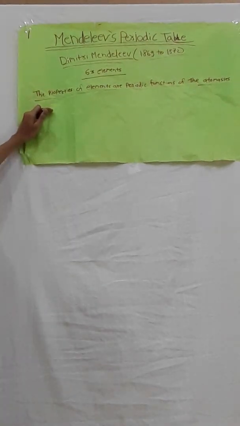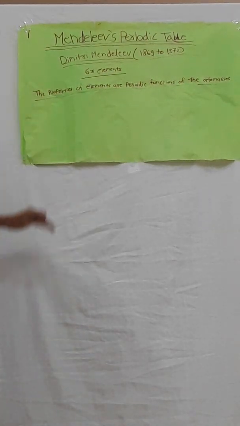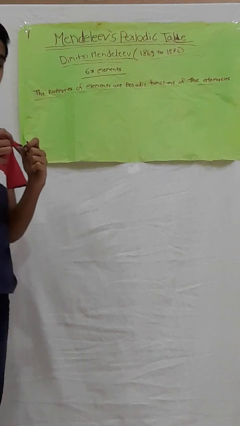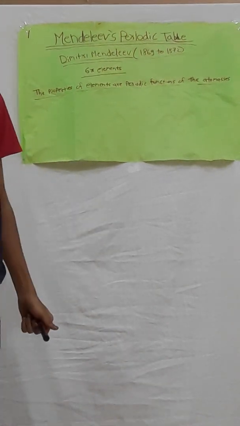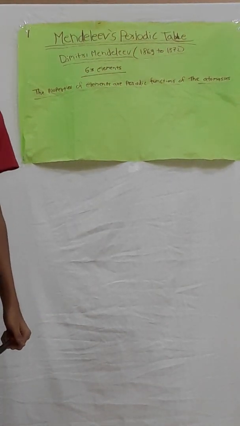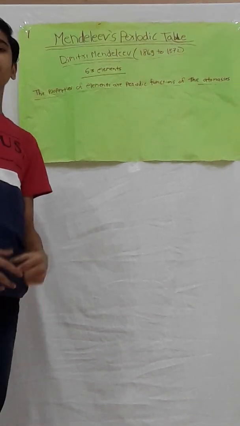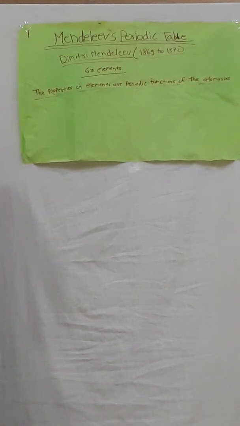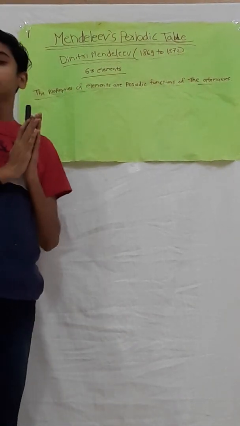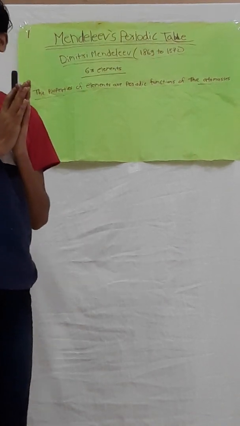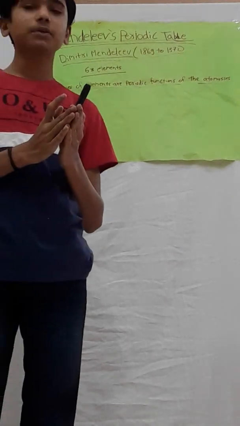This is Mendeleev's periodic law. So write it down. The properties of the elements are periodic functions of their atomic masses. Okay. So next we will study about the merits of Mendeleev's periodic table.